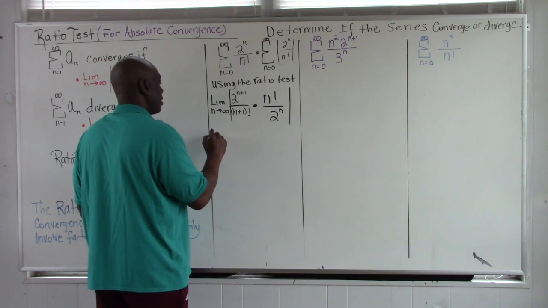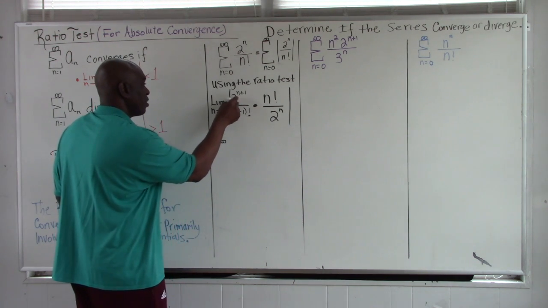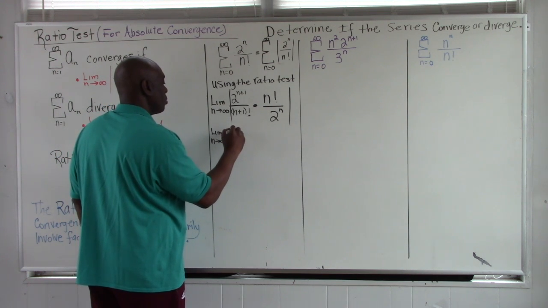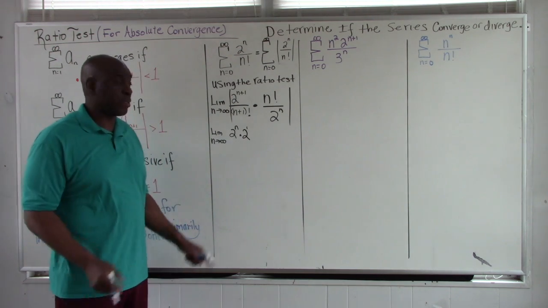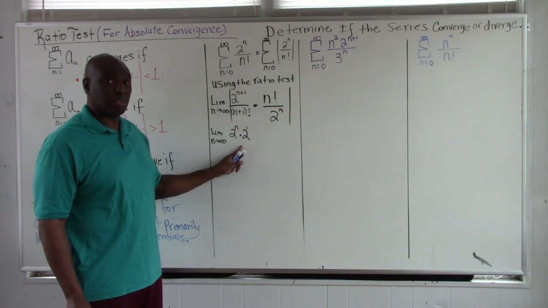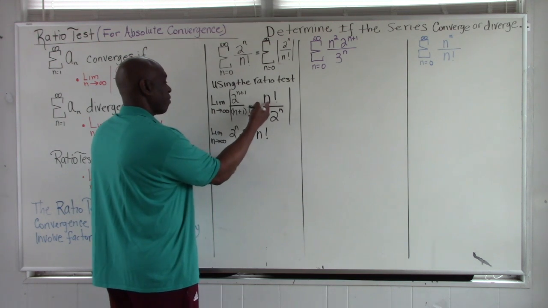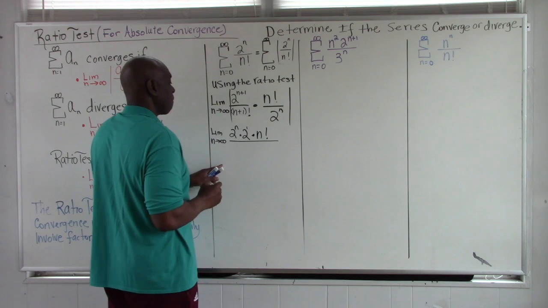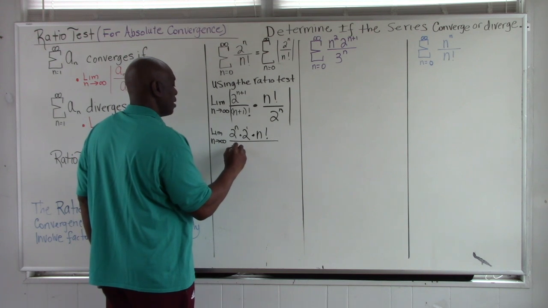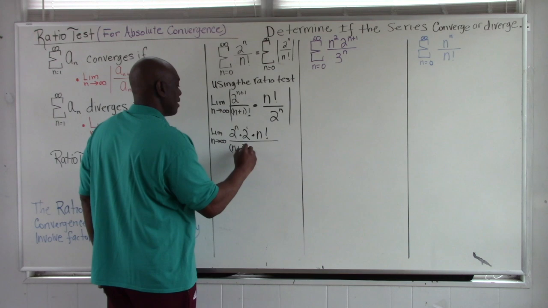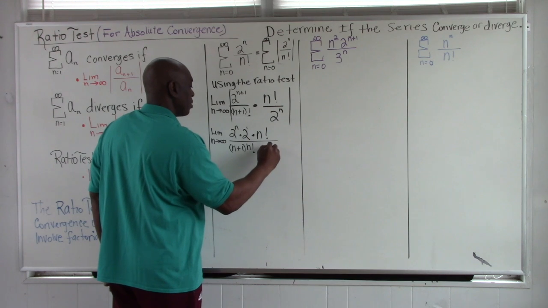Now let's algebraically expand everything. Here's how you do it. Limit as n approaches infinity of 2 to the n plus 1, which I'll write as 2 to the n times 2 to the power of 1, because that's what 2 to the n plus 1 is, multiplied times n factorial, all divided by n plus 1 factorial, which is written as n plus 1 times n factorial, times 2 to the n.